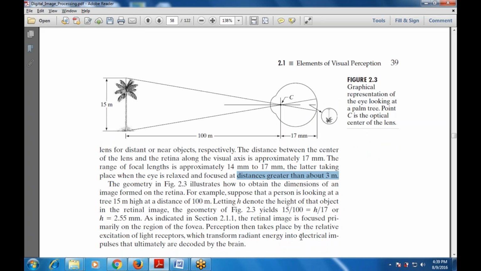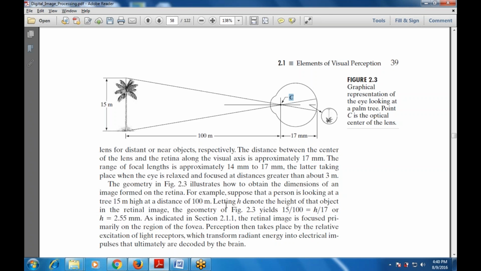Now I'm going to talk about figure 2.3, which illustrates how to obtain the dimensions of an image formed on the retina. For example, suppose that the person is looking at a tree 15 meters high, from the C point, at a distance of 100 meters. That means the distance is 100 meters and the height is 15 m.